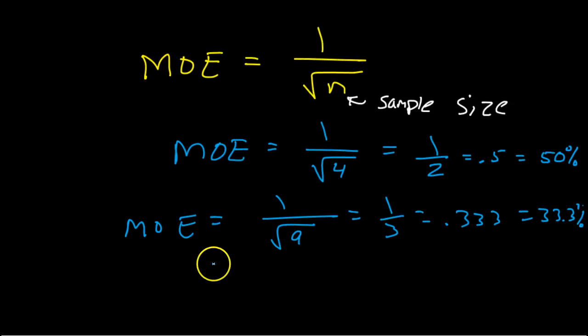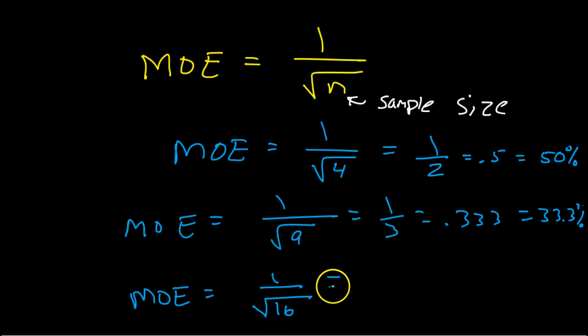Okay, let's go one more. Margin of error. What if the sample size was 16? All right, then that would make this 1/4. That's 0.25, which is the same thing as 25%.